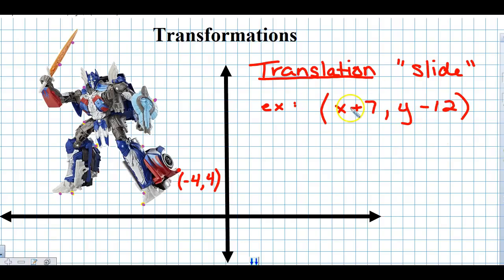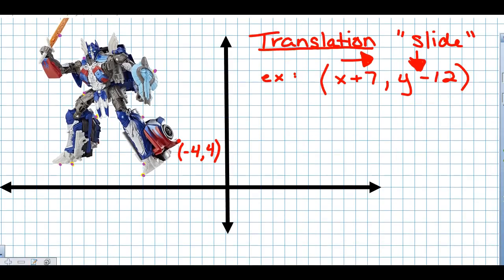So this is called a translation to the right and down. So this is a multi-translation. We're going to translate it to the right 7 and down 12 units. Down because it is -12. We can do this without even graphing.